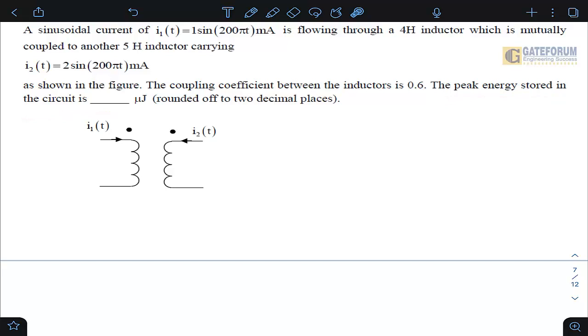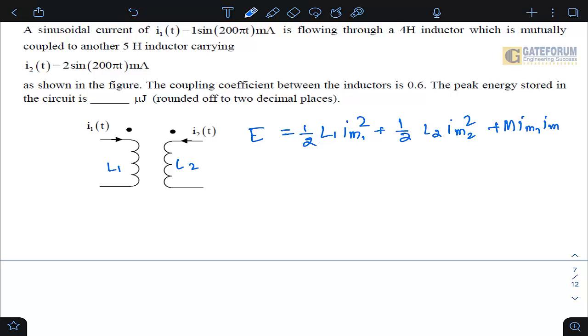So students, this is basically a simple formula based problem. Whenever two coils L1 and L2 are mutually coupled, in this case the peak energy, or E max, is given by the well known formula: half L1 Im1 square plus half L2 Im2 square plus M into Im1 into Im2.